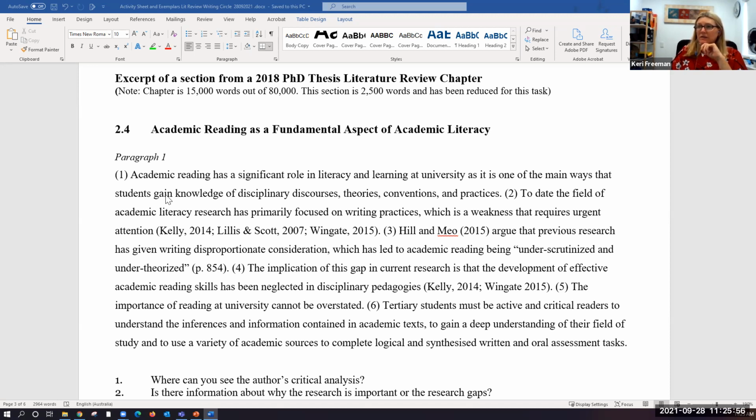Basically this is one section from a literature review from a PhD. You can see the whole chapter is 15,000 words. Actually, sorry, the section is 2,500 and most of it is in here, although it has been reduced a little bit.